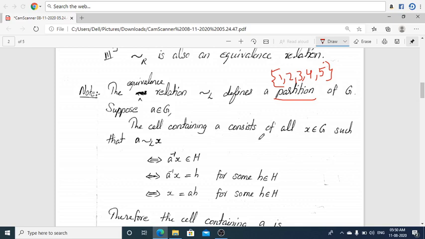The cell containing a consists of all x in G such that a ~L x. Now a ~L x is equivalent to a inverse x belonging to H, which means a inverse x equals h for some h in H.